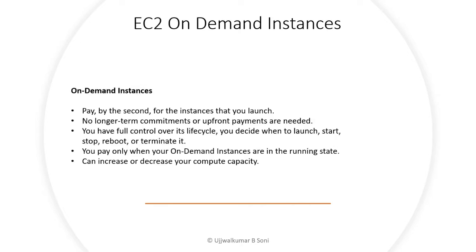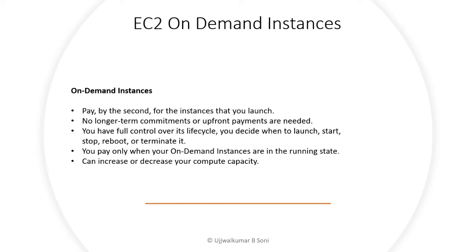So first one is on demand. Here you pay by the second for the instances that you launch, and there are no long-term commitments or upfront payments needed. You have control over its life cycle. You decide when to start, stop, reboot, or terminate.